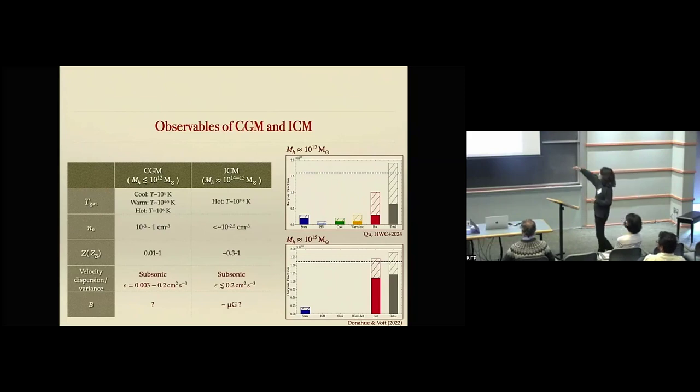On the right, you can see the mass composition for different types of halos. In terms of multi-phase, for a 10 to the 12 solar mass halo, roughly speaking, hot gas is still dominant, even though it doesn't completely dominate the mass budget as it does in cluster halos.